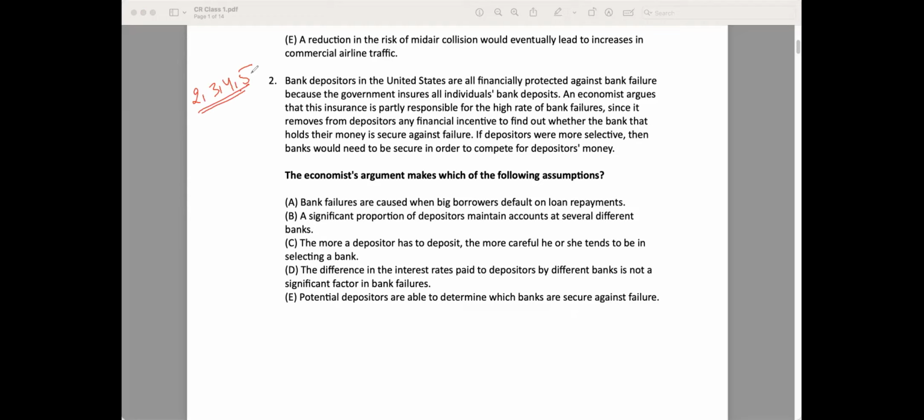And if you're left with two options at the end of the day, then you'll have to do negation after that. This negation thing would be required only if the difficulty level goes up, trust me. In the first instance, you will be able to eliminate at least 3 options with easy to medium difficulty level questions. In all the questions I'll be taking today, 3 options definitely will be able to remove easily.